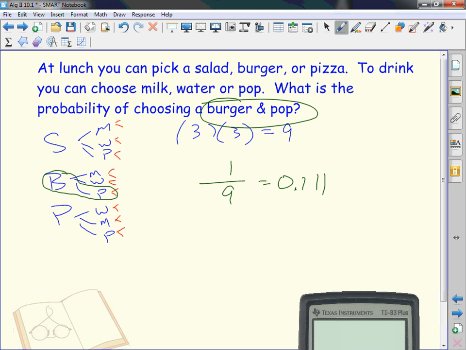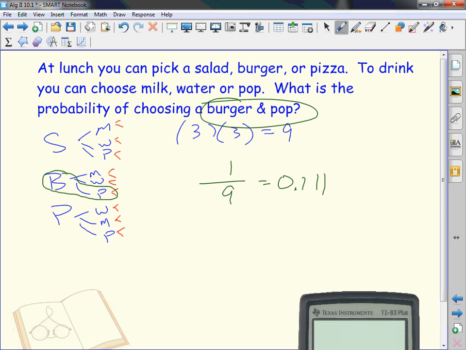0.111111111. What's 2/9 going to be? 0.2222. What's 3/9? 0.333333. But what other fraction is 0.33333? What's 1/3?